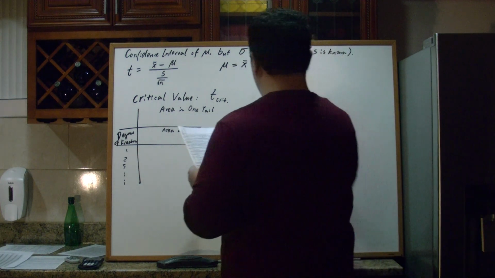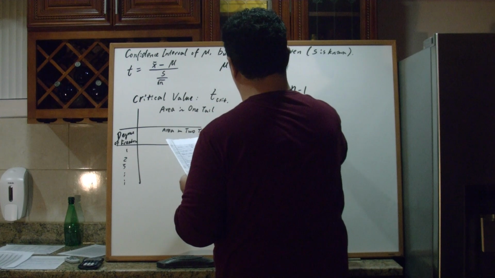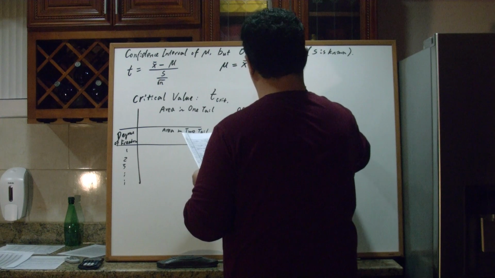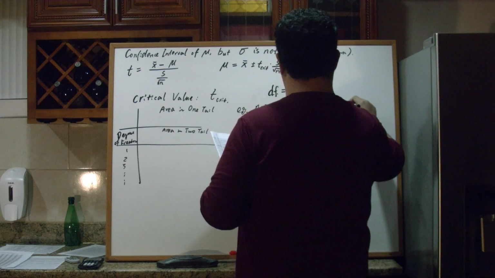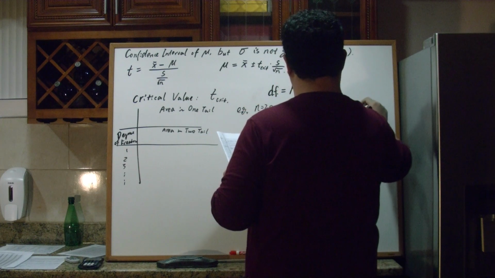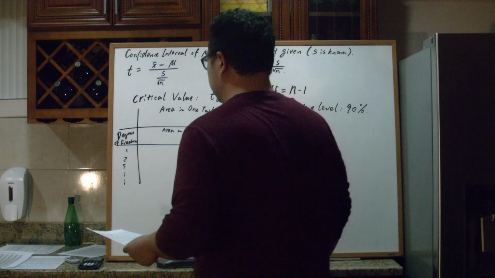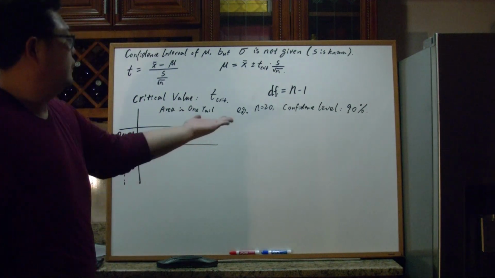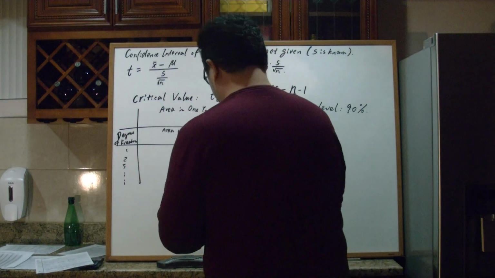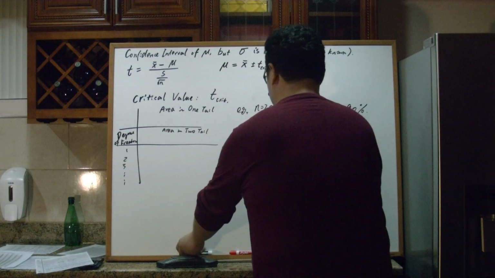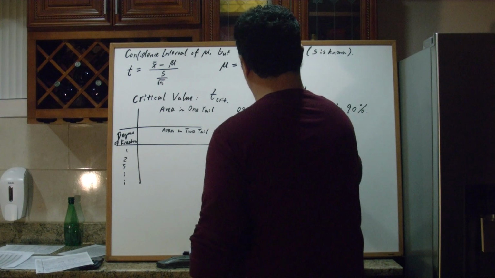For example, if the given sample size is 20 and the confidence level is 90%, we know that it is the t-distribution.